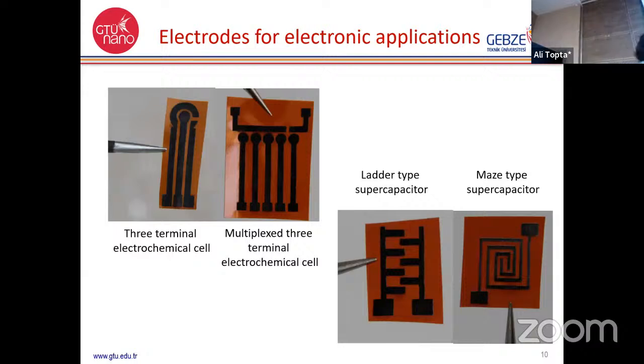We can draw anything you like, as I told you, but because we are mainly interested in sensors, we have drawn some electrodes or biosensors. This is a typical three-electrode electrochemical cell: this is the working electrode, this is the counter electrode, and this is the reference electrode, all made by the laser.